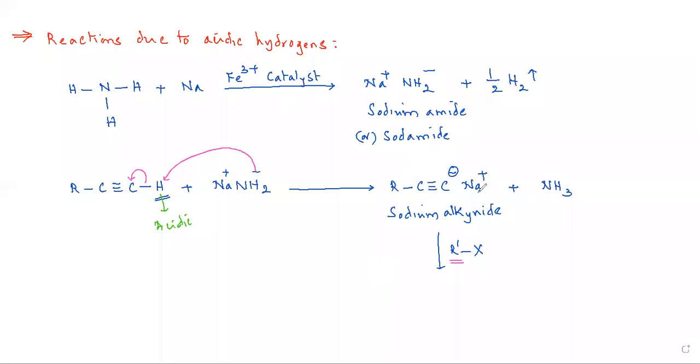Now the C minus attacks, the X minus goes out, so that is how we get a higher alkyne. I'll give you an example: R C triple bond C R, and the thing eliminated is sodium halide. Now this is how a higher alkyne can be prepared.